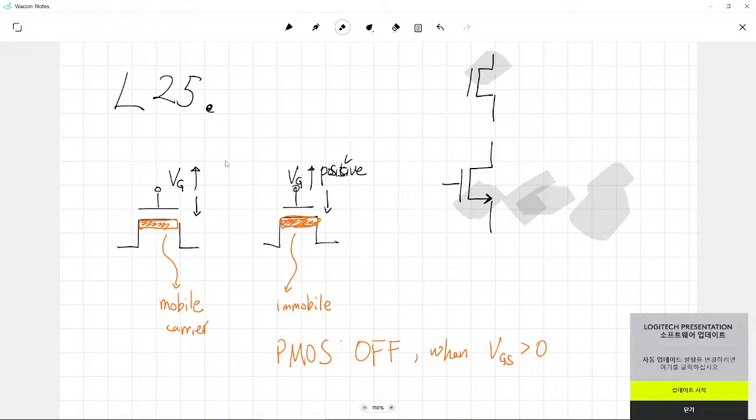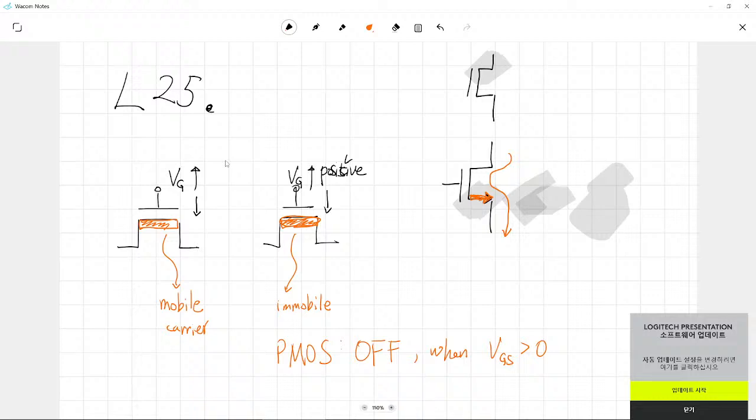If we follow this duality, then please have a look at this one. Why do we have this kind of arrow direction? Here we have a source and the current direction follows this way. That is the reason why we have this direction.